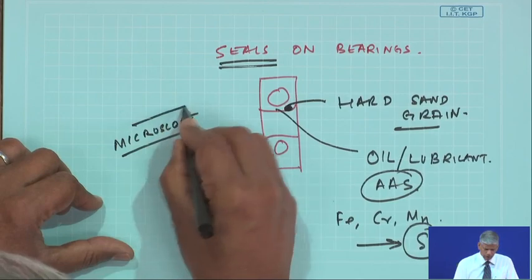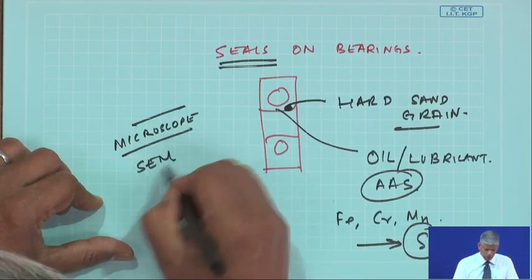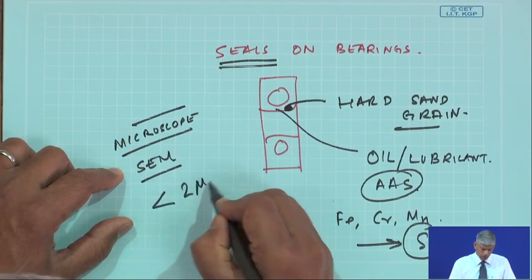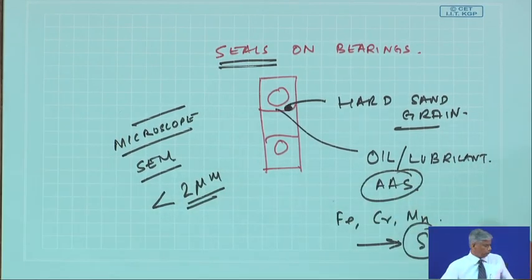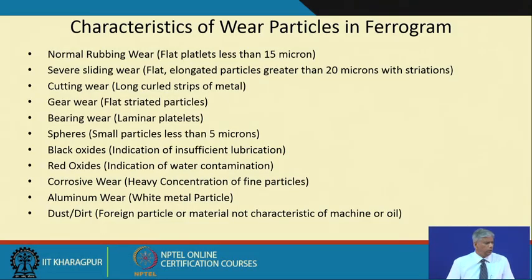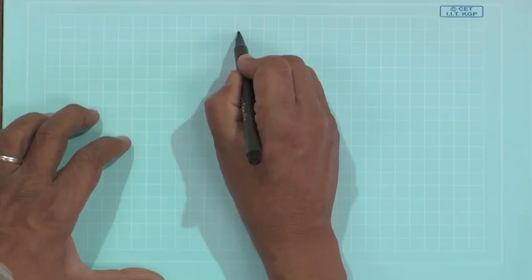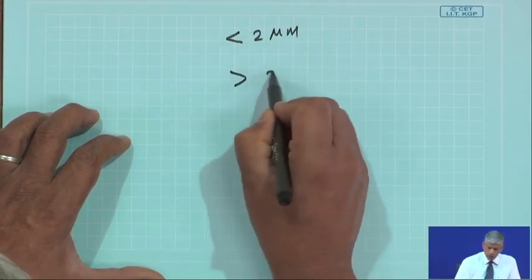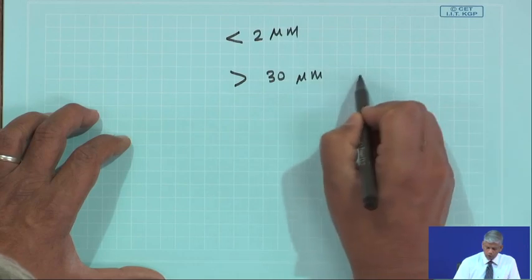Sometimes high magnification is required. Of course, I do not recommend a scanning electron microscope, but if the sizes are less than 2 micron, maybe SEM can be used. Now, depending on the type of particles, for less than 2 microns we can do spectrophotometry, and for more than 30 microns we can do just particle count.